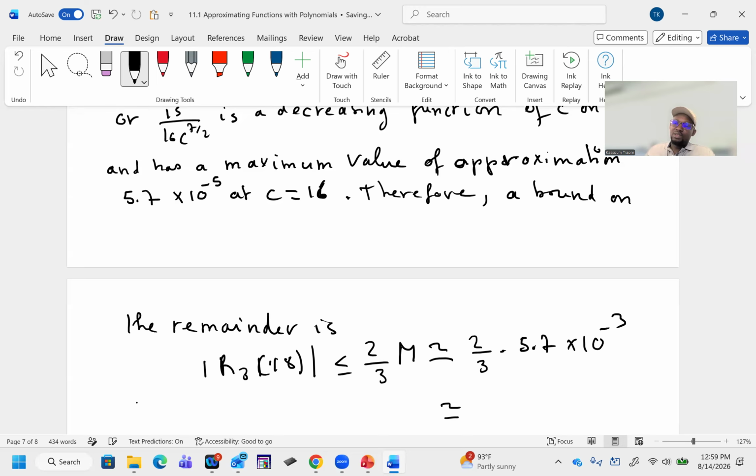And that is approximately 3.8 times 10 to the power of negative 5.